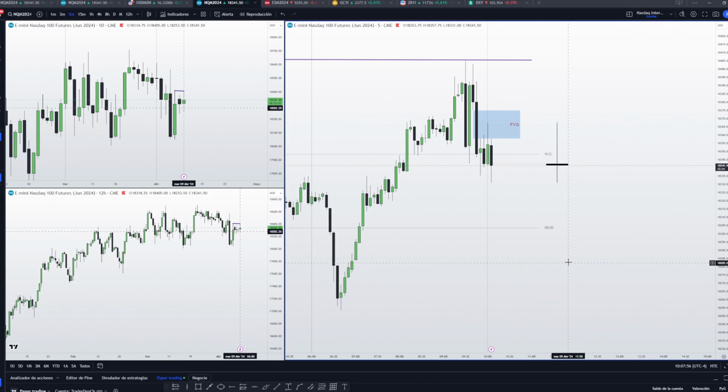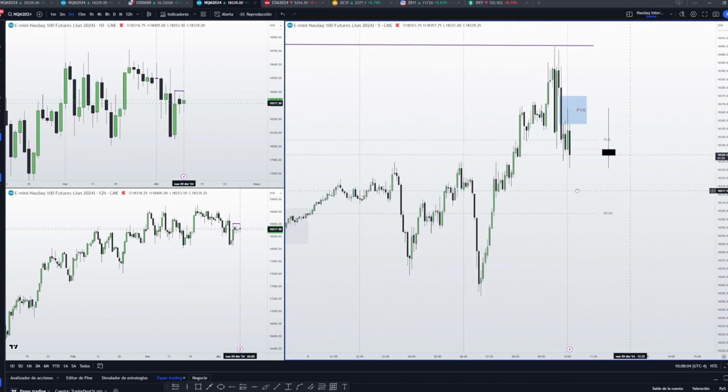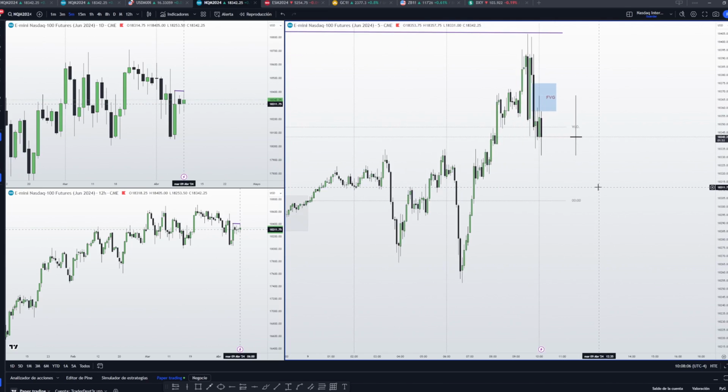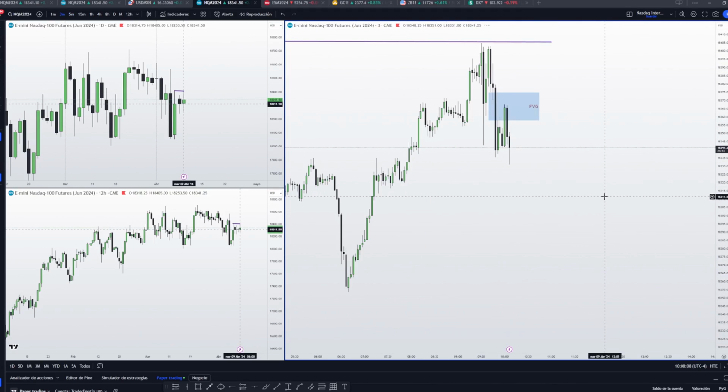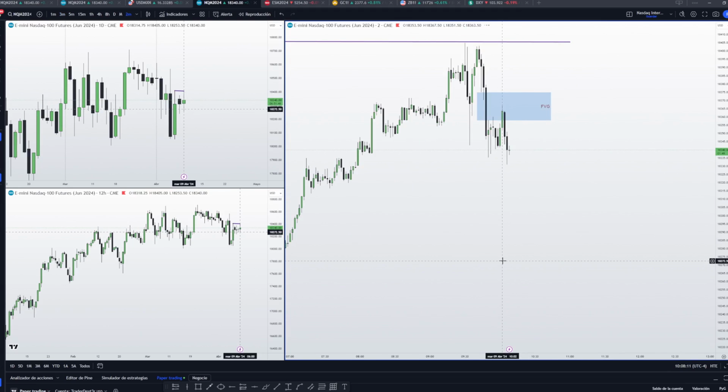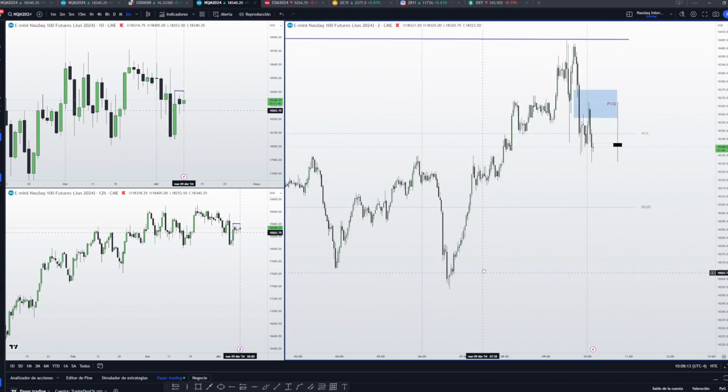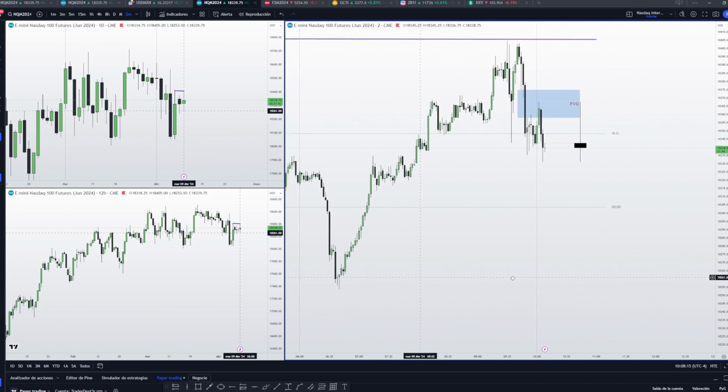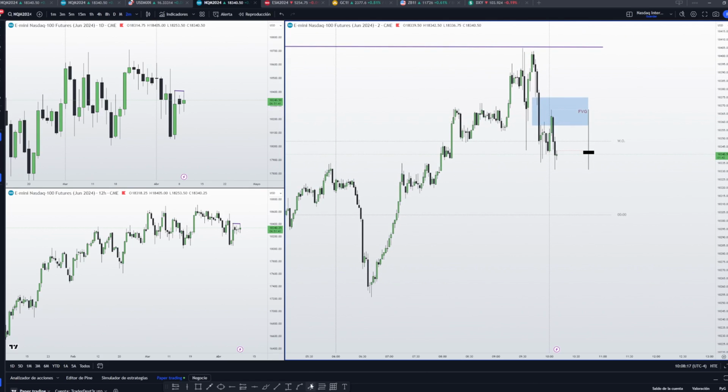After the SMT printed, one displacements. Three minutes, 2 minutes. Okay. So 6 a.m. it's the previous candle, the previous range.